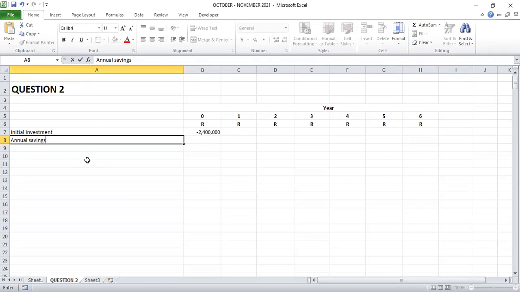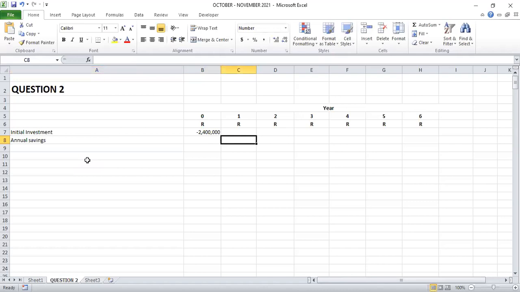Now we're told that the annual savings will start on year one. So that will be 900,000. These are savings, so that will be an inflow. So we'll put it as positive.